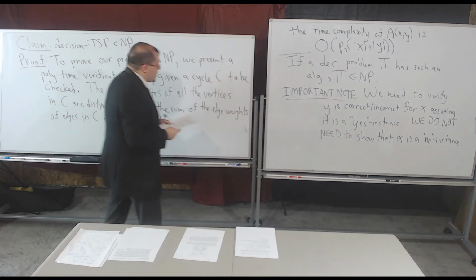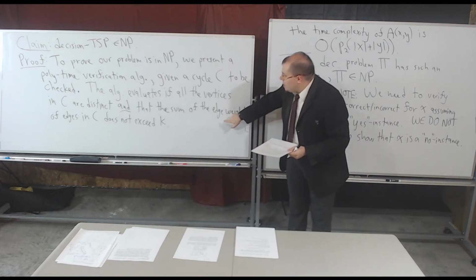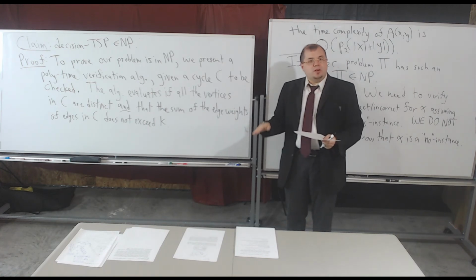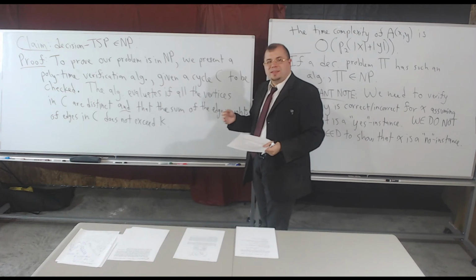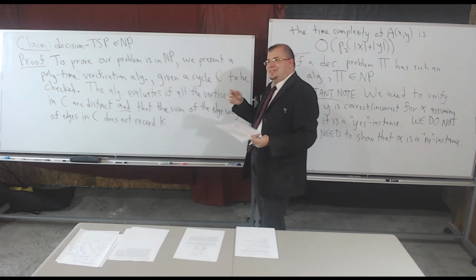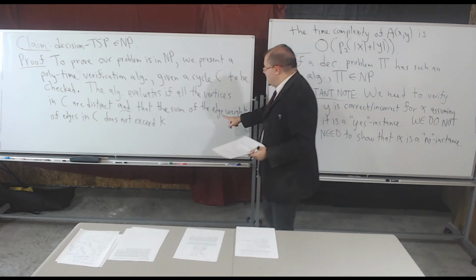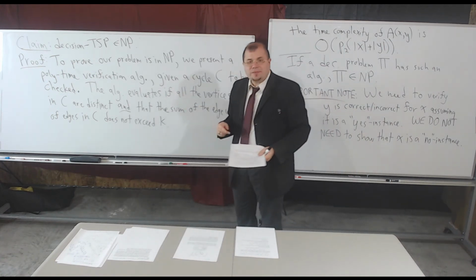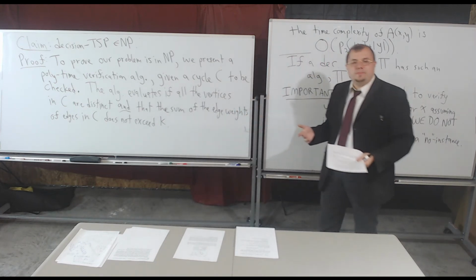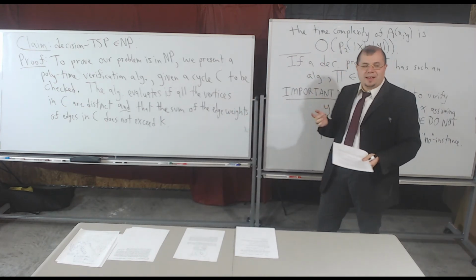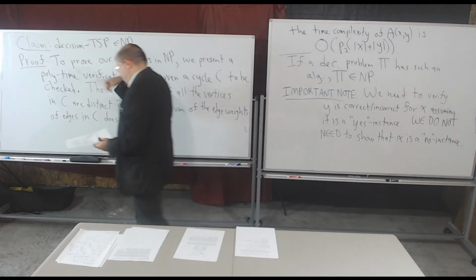Before I get too ahead of myself, why is this okay? I'm just checking if all the vertices in C are distinct. Keep in mind, when I'm encoding this cycle, I'm not going to include the front and the end of the cycle because they're just repeating, so I'll assume only one endpoint. I just need to check if they're distinct. Remember, I assumed that the input was a complete graph, so there's definitely going to be a Hamiltonian cycle, so I don't have to worry about anything strange here.